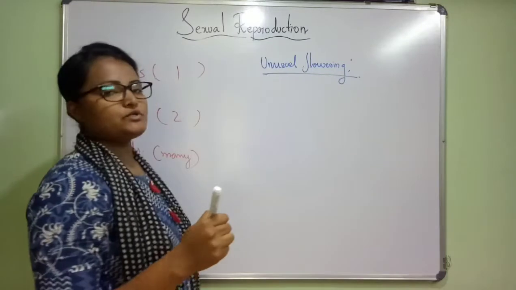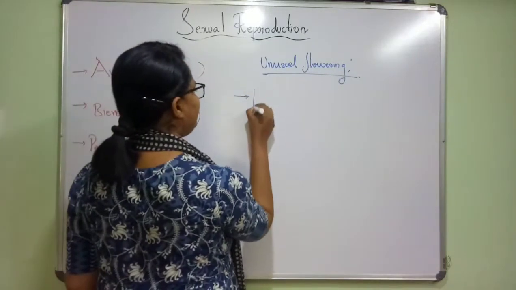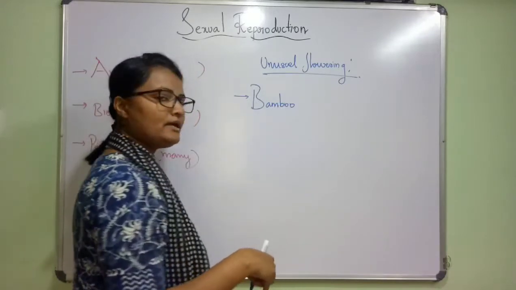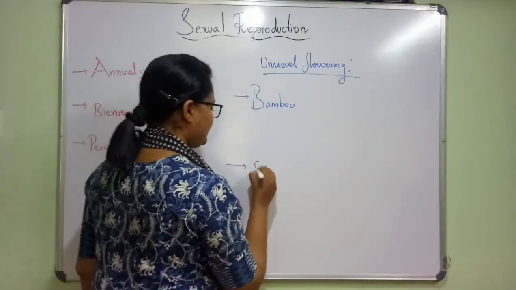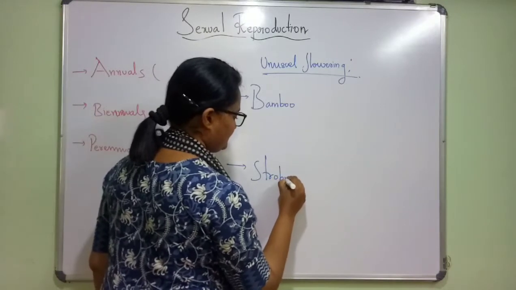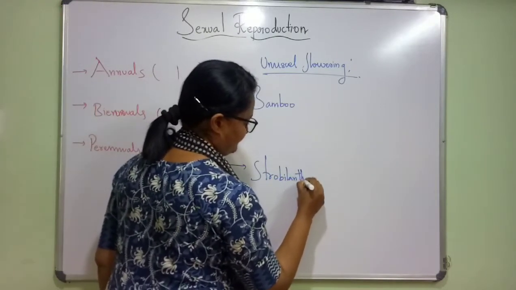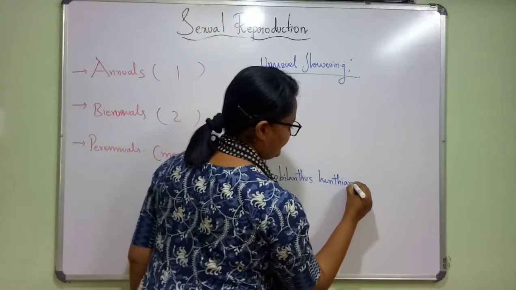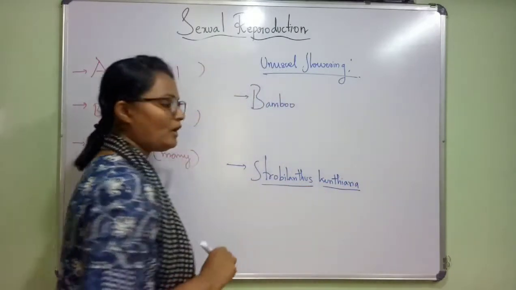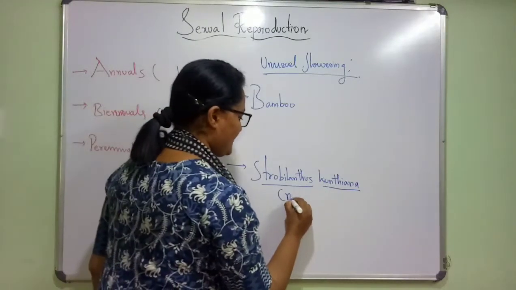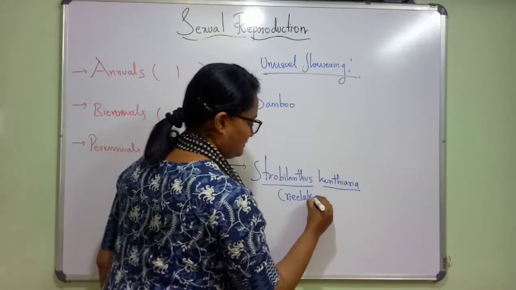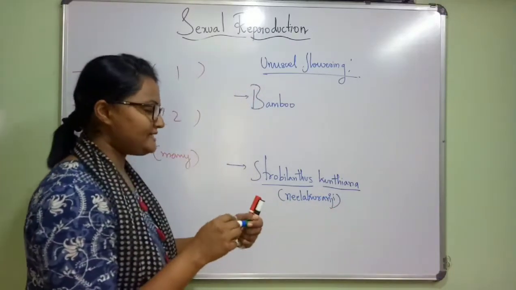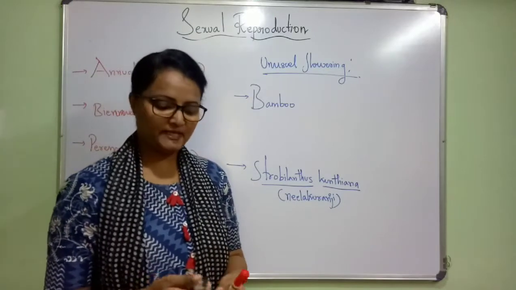One is the bamboo plant, another is Strobilanthes kunthiana, also called Neelakuranji. So what is unusual about the flowering here?